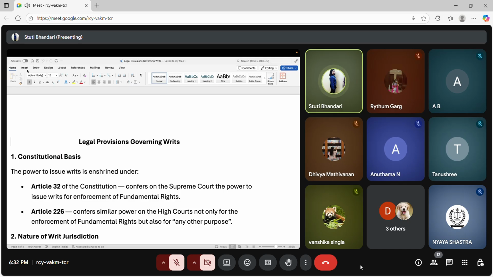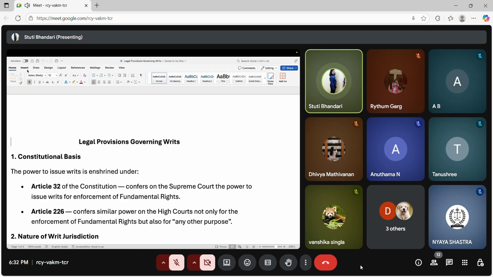See, fundamental rights are those which are mentioned from Article 12 to 32. So all those rights which are there: right to equality, right to freedom of speech and expression, right to religion, right to education, right to life and liberty. Numerous rights you have. So only for those fundamental rights, if you are approaching, then you can either go to the Supreme Court or the High Court.